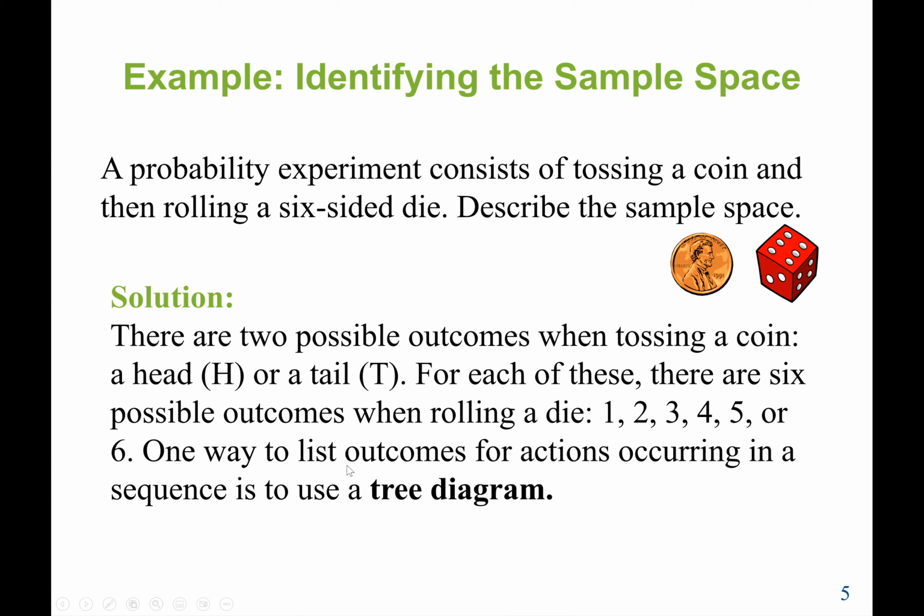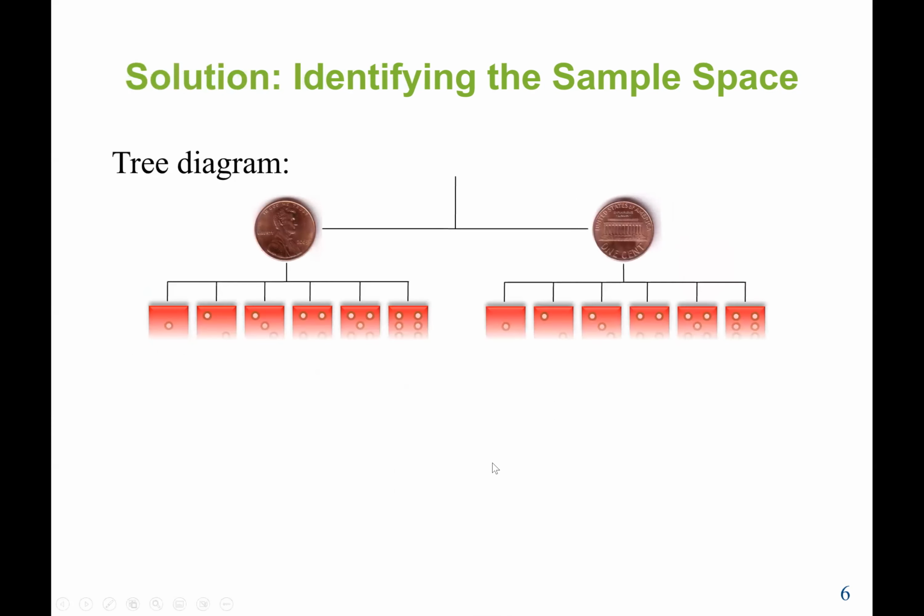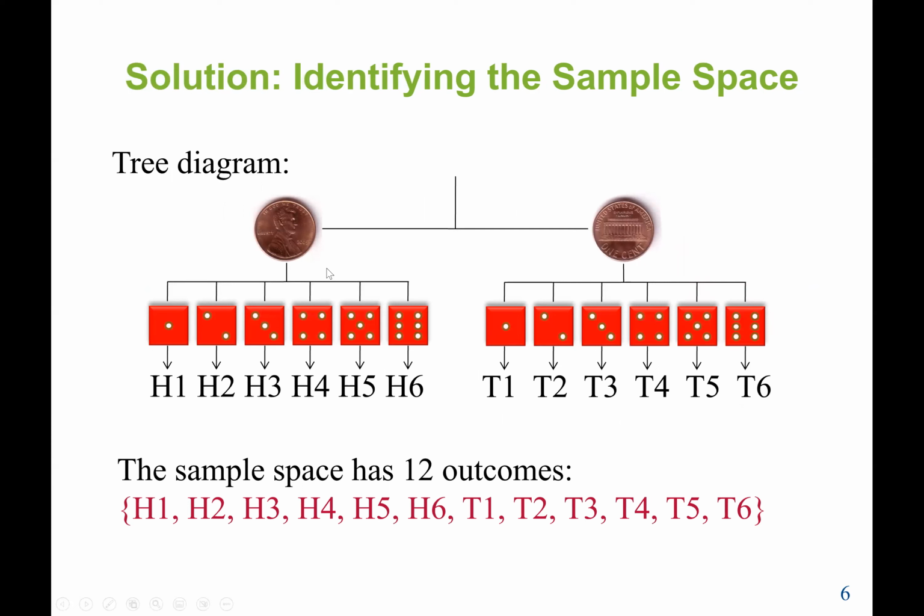One way to list the outcomes for actions occurring in sequence is to use a tree diagram. Tossing a coin has only 2 options, either head or tail. Let's assume we start with the head. When we get a head, there's a possibility that we get head and 1. When we roll the die, we can get 1, 2, 3, 4, 5, 6, so we have the possibilities H1, H2, up to H6.